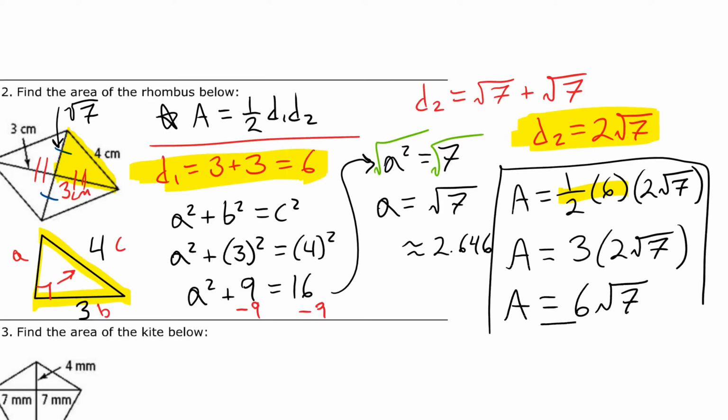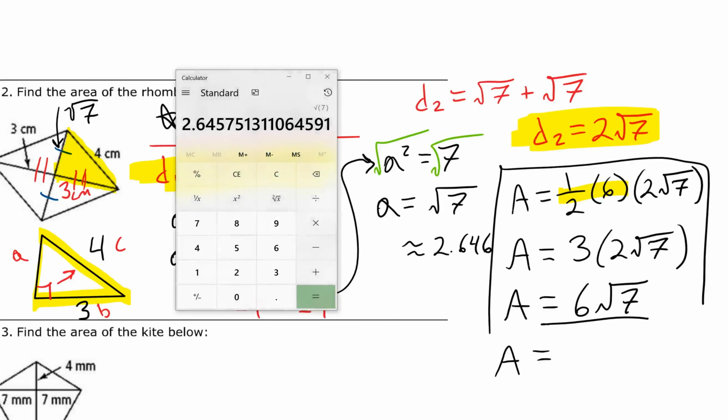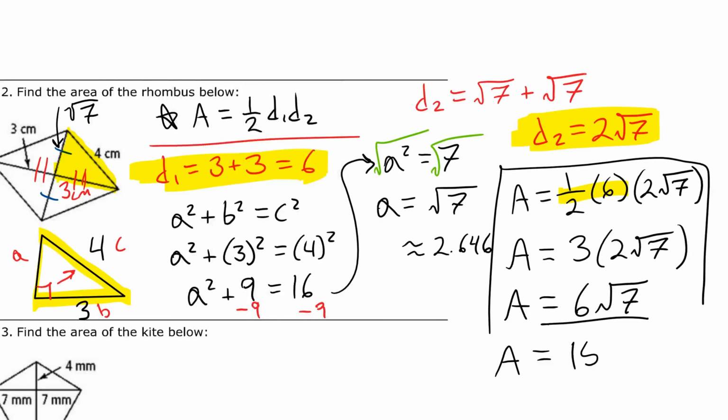Now this is the exact answer, but we want to round to 1 decimal place for the Canvas assignment. So we just take the square root of 7 times 6, and we get 15.87. So let's round that to 1 decimal place, so that'll be 15.9, and this will be centimeters squared for our final answer.